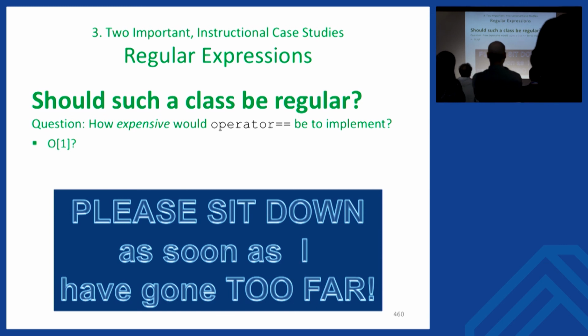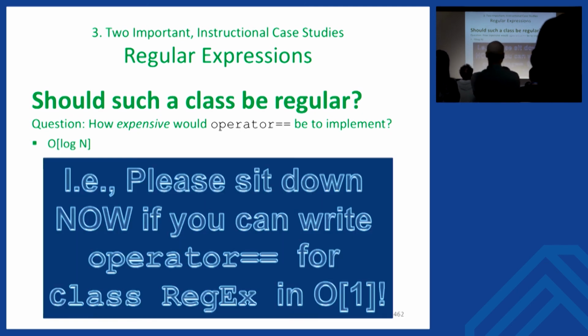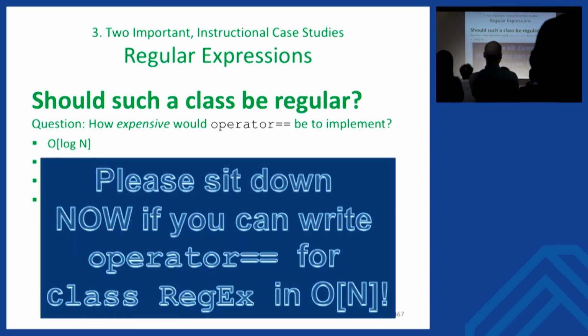So if O of 1 is too big, you should sit down. Don't sit down. Okay. Log n. Now, if you think it can be done in O of 1, sit down. Does anybody think it can be done in O of 1? No? Okay. So you see how this works. How about square root of n? That means if it can be done in log n, sit down. How about n? That means if it can be done in square root of n, sit down. How about now? Can it be done in linear time? Who wants to sit down? No one? Okay. If you think it can be done in linear time, this is your last chance to sit down. You're all standing.